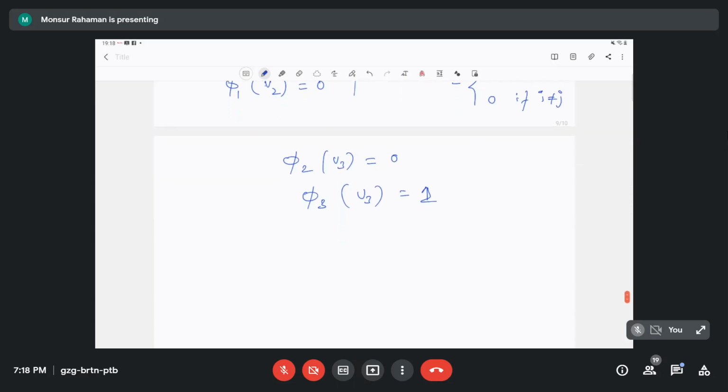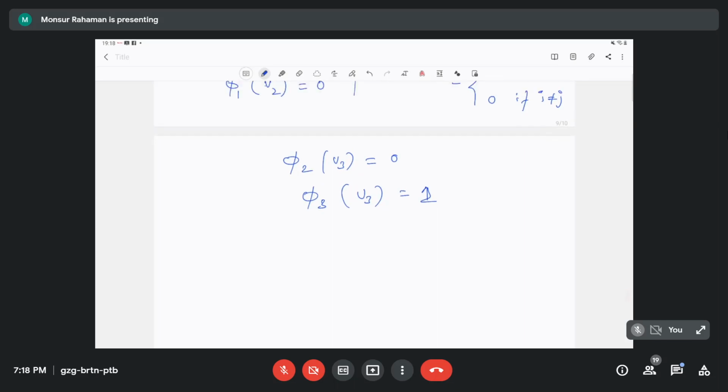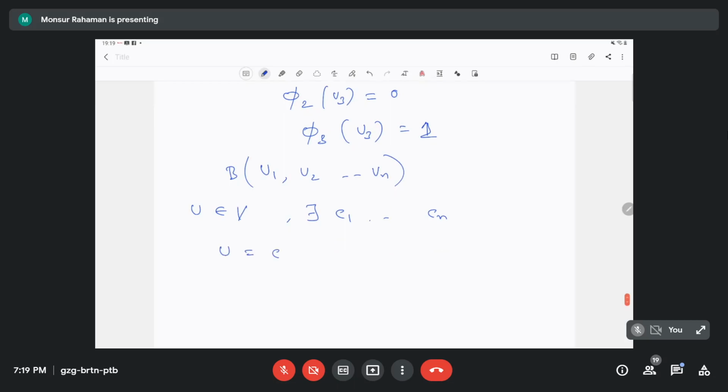With the help of this definition, you can say that phi 1, phi 2, and phi n will be a basis. Why? Because v1, v2 to vn is a basis. So for any vector v of V, you can express that there are c1 to cn such that v equals c1 v1 plus dot dot cn vn.